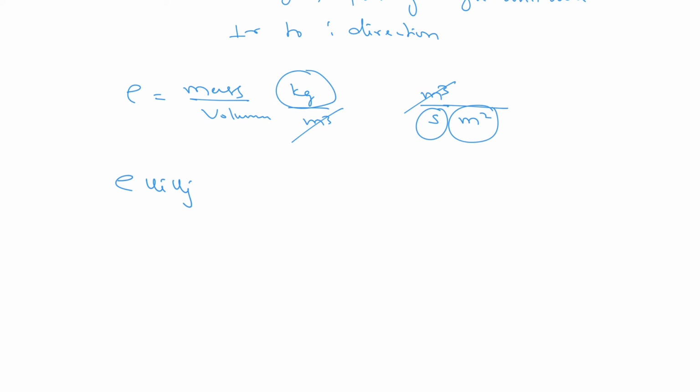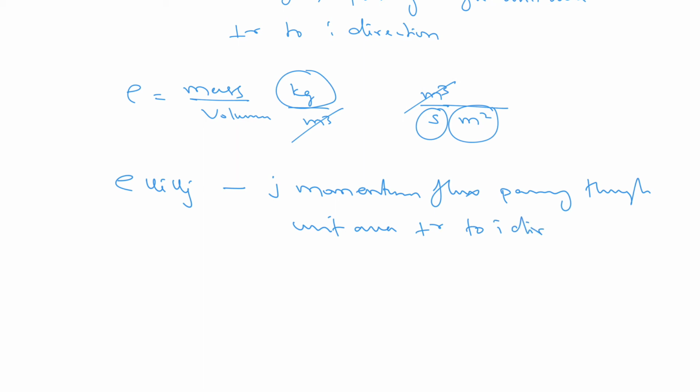So what does it convey? It is the j momentum flux passing through unit area perpendicular to i direction.